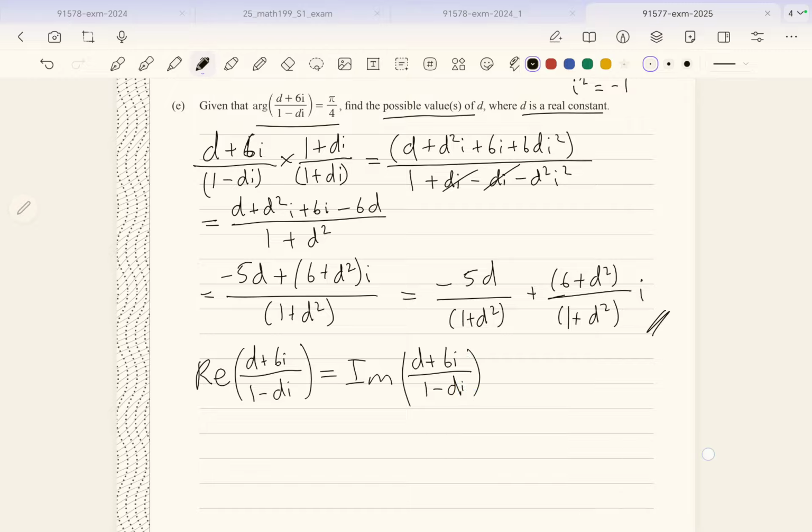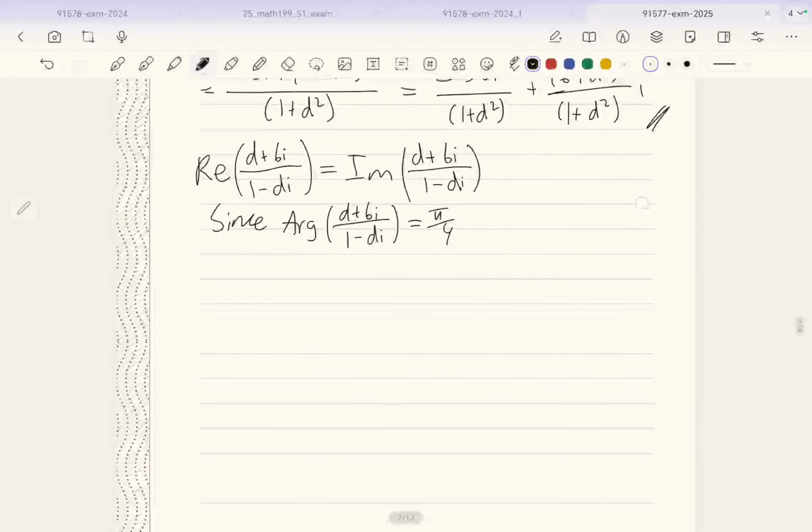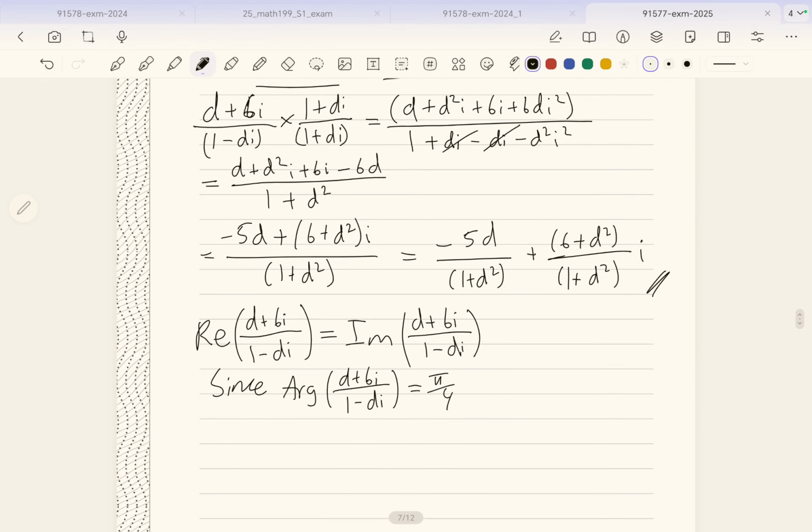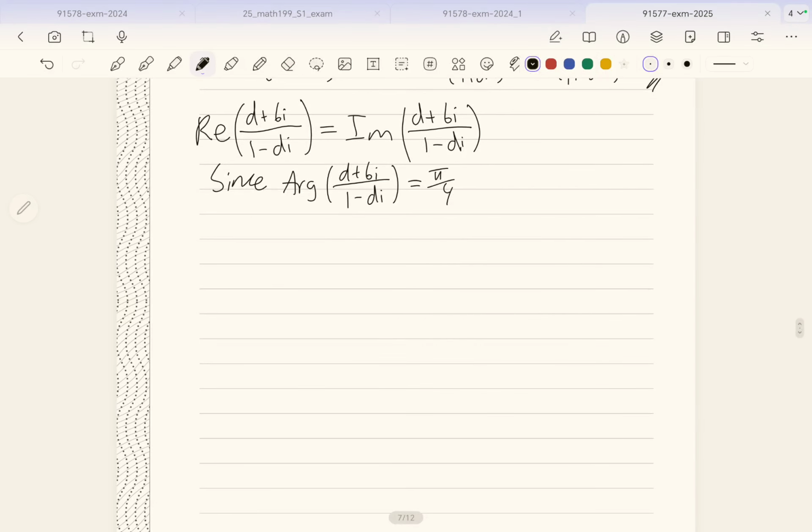Since we know, I'll write this below, the argument of the expression is equal to pi on 4. So using the expression over here, what we've got to do now is equate both of them and solve for d.